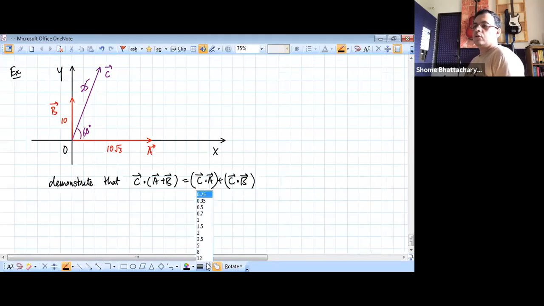Okay. So now to solve this question, we'll understand the left hand side, C dot A plus B. Let's calculate how much this is.